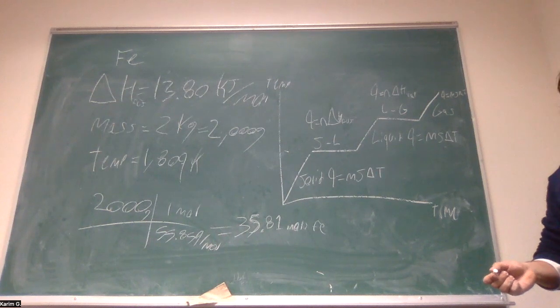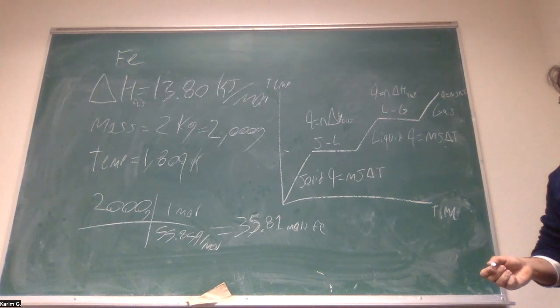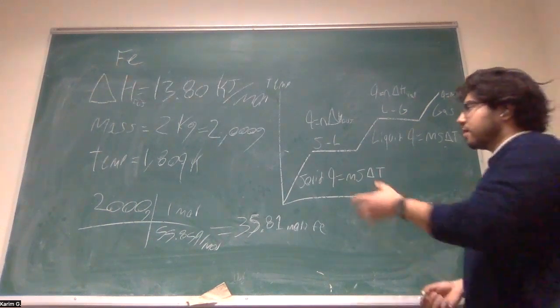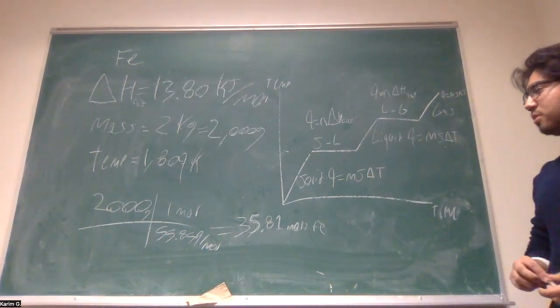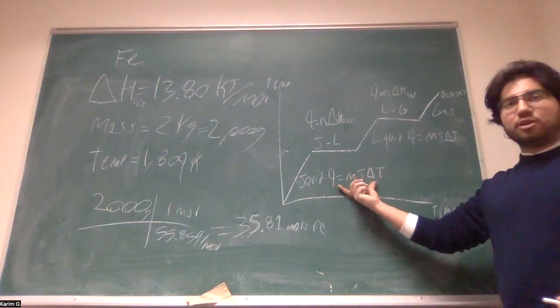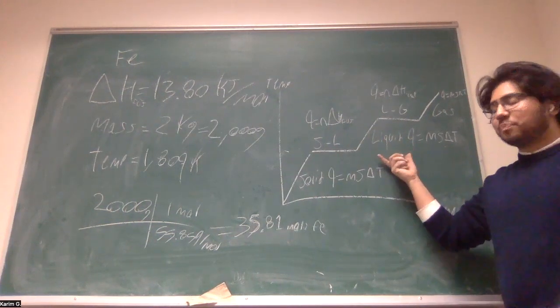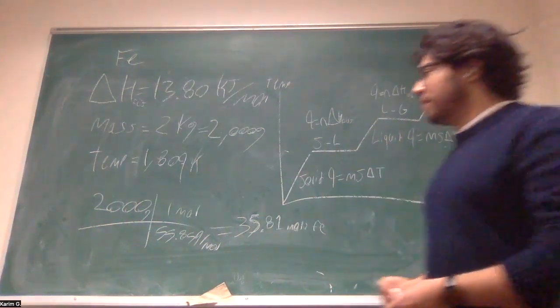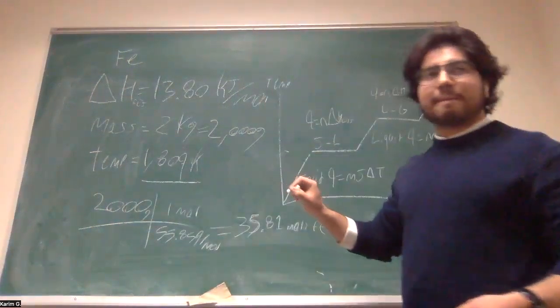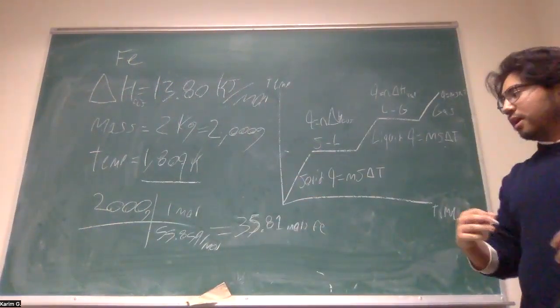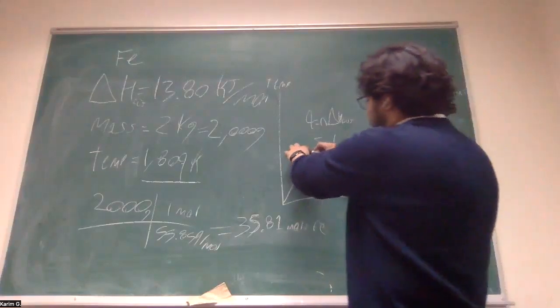Multiply by the delta H fusion. Right. So in reality, most of these problems, you have to do this Q and then this other Q and then this other Q. But this problem tells you that it's already at its melting point. It's not below any other point. The melting point is right here.